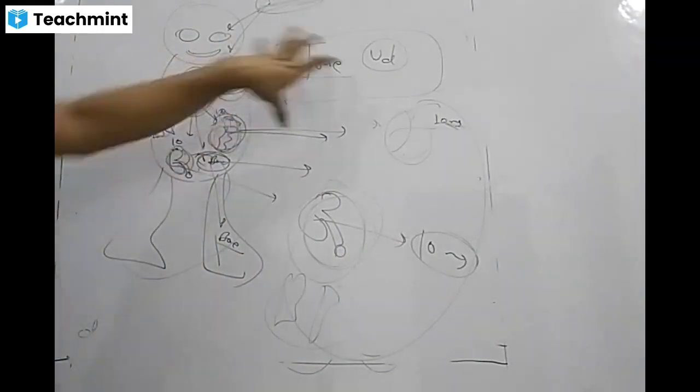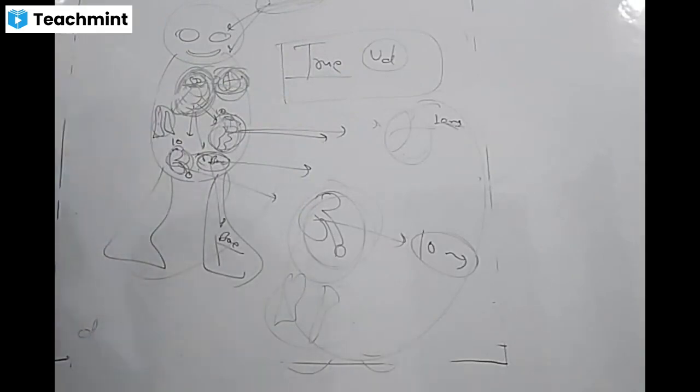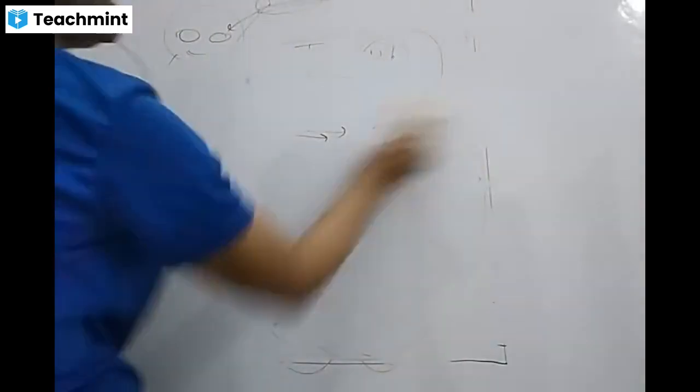So this is the truth of VD. That we cannot calculate true VD, because to calculate true VD, you have to remove all the organs. That is not possible. So we rely on a hypothetical parameter known as apparent VD.